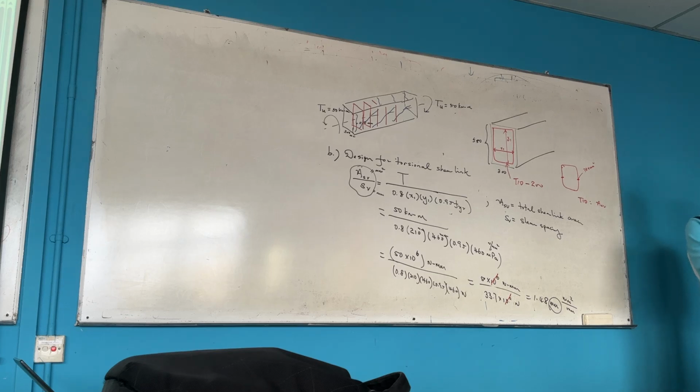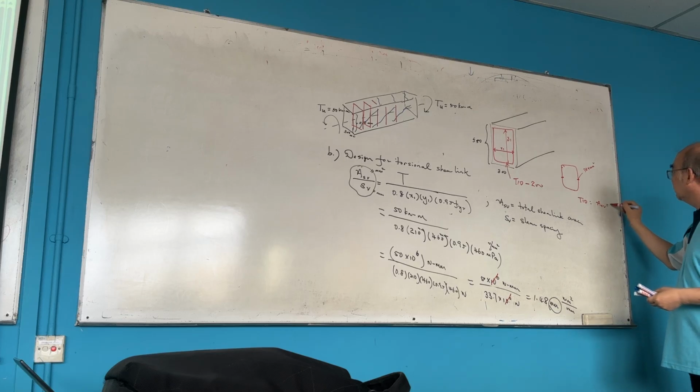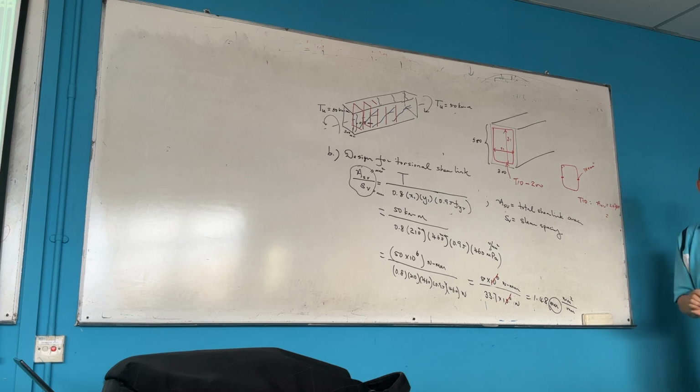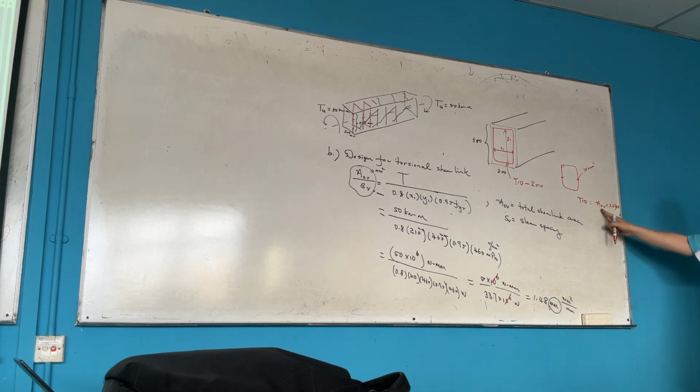So when you do both legs, ASV is equal to 2 times 78.4 millimeter square. If you provide T10, that means I'm providing ASV equal to 2 times 78.4. Understand now?